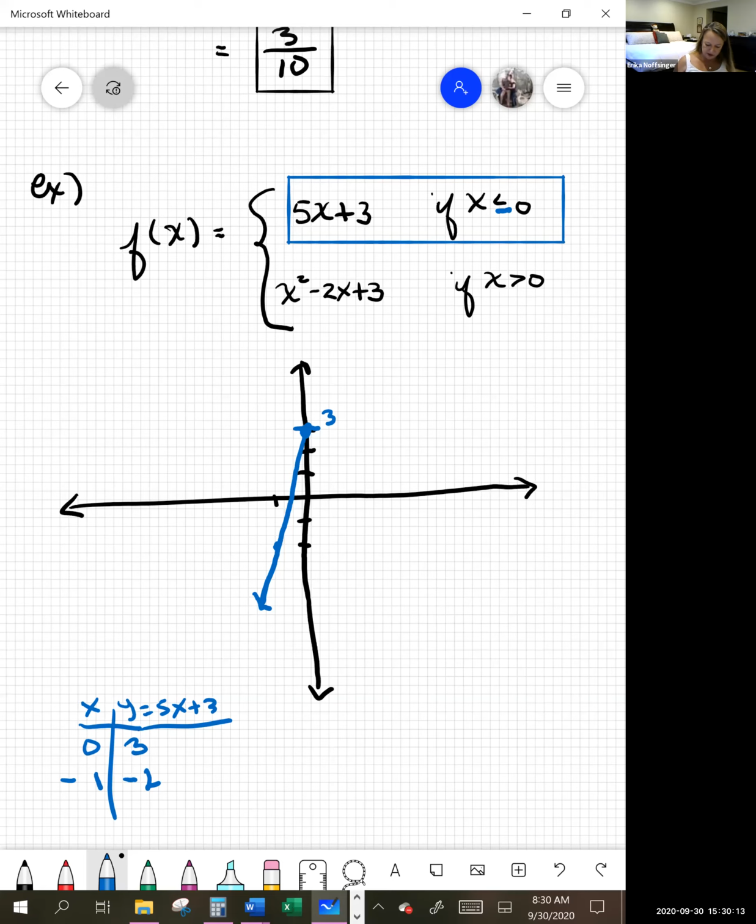So I also want to graph x squared minus 2x plus 3, and this is for values of x which are bigger than 0.